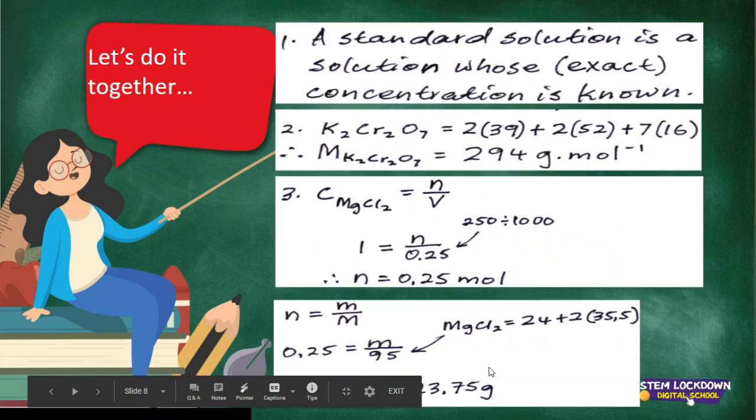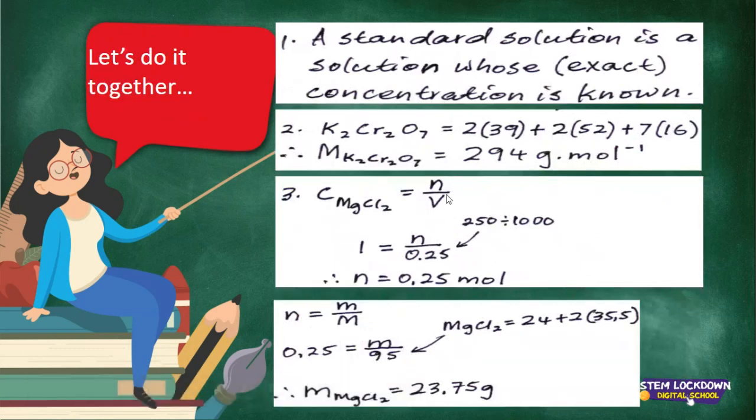Here, concentration is equal to number of moles over volume. We are preparing a solution of 1 mole per cubic decimeter. So the concentration is 1, equal to the number of moles, which we do not know because we don't know the mass that is required, over the volume.